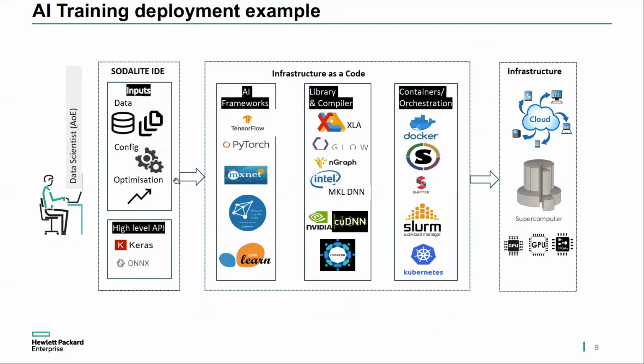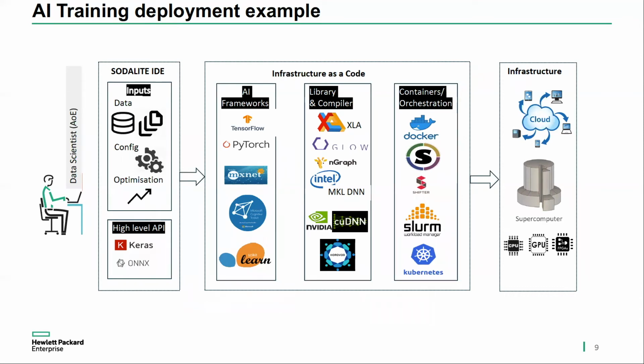Here, we show the usage of SODALITE for AI training deployments. A data scientist uses the SODALITE IDE to build the application model with input data, configuration, and optimizations. The application, written in a high-level language or API like Keras or ONNX, is then deployed with a selected AI framework with optimized libraries like MKL, cuDNN, and compilers like XLA, GLOW, and then packaged as a Docker or Singularity container.